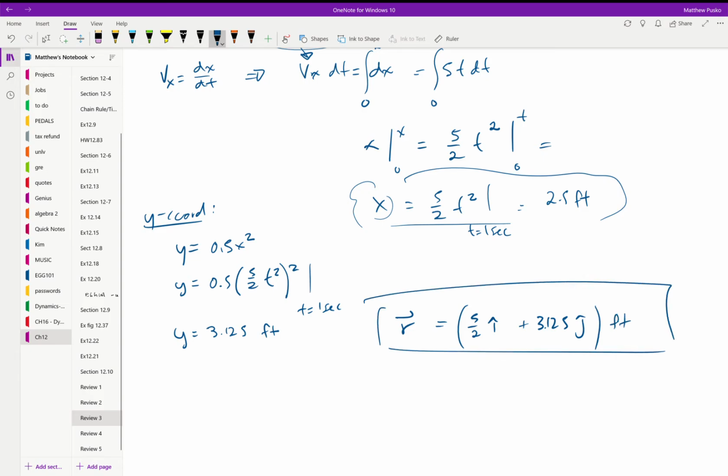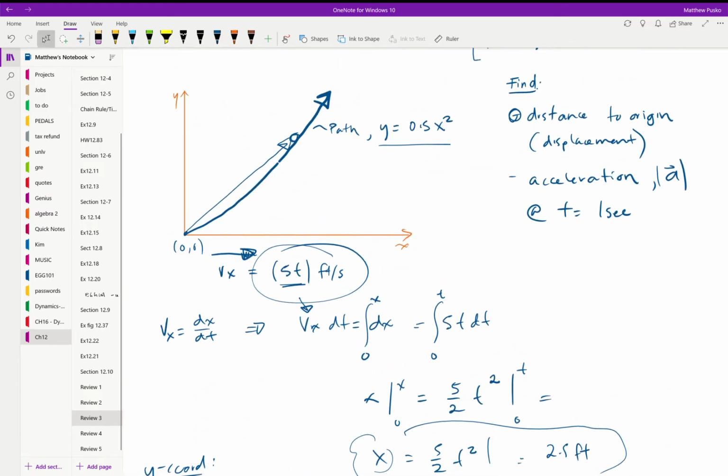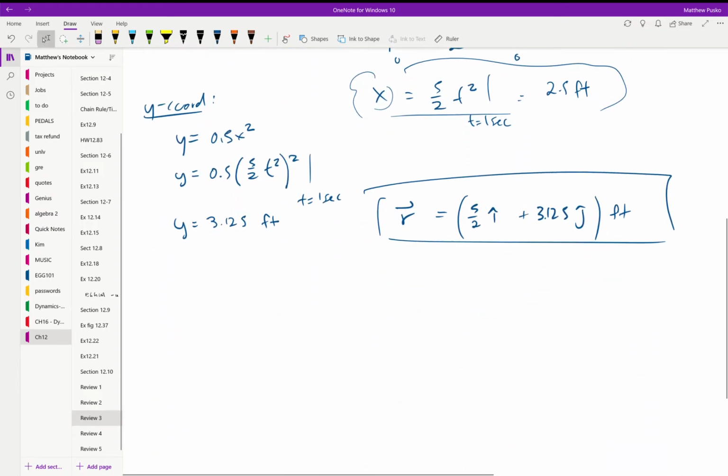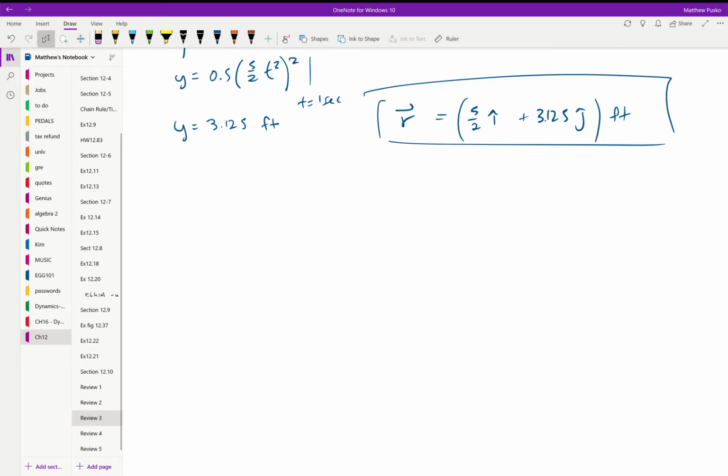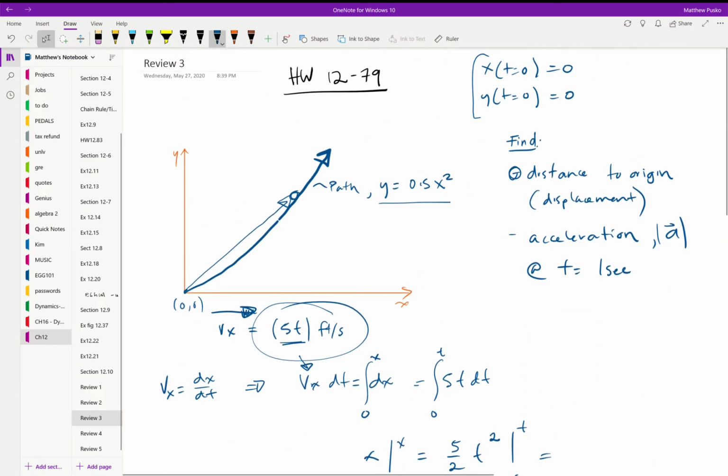Okay, now it also asked us to find the acceleration and the magnitude at 1 second. And we can find the magnitude of this too, right? It's 5/2 squared plus 3.125 squared. I think this comes out to 4 feet actually. So the length of our position vector r, magnitude is 4 feet.